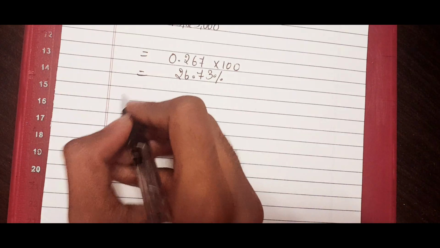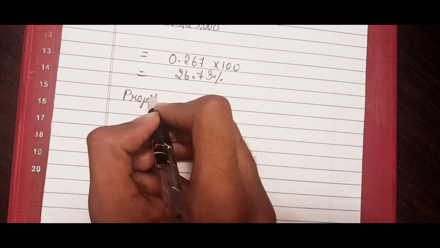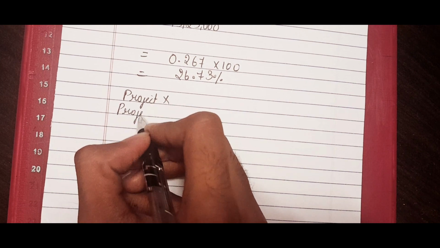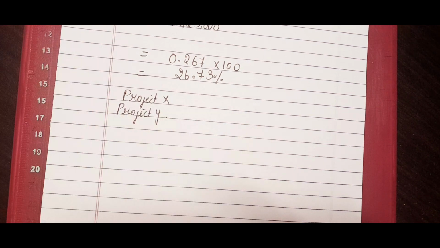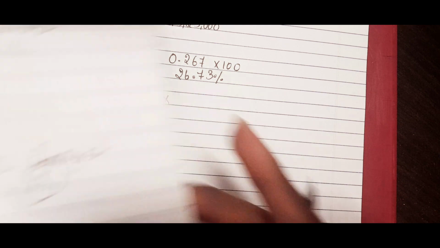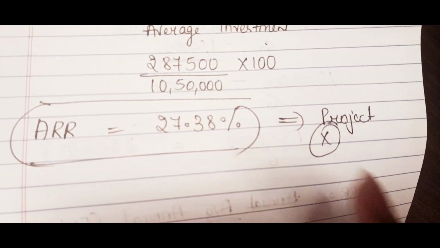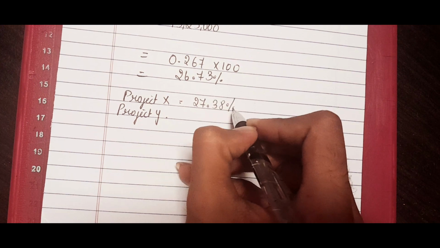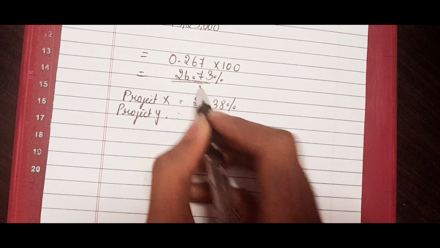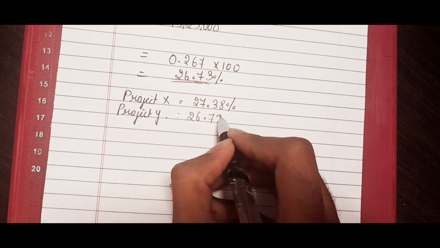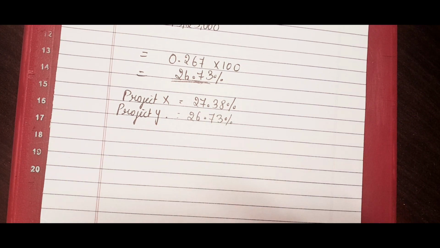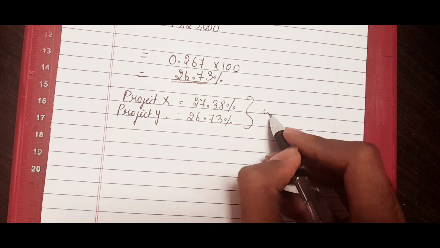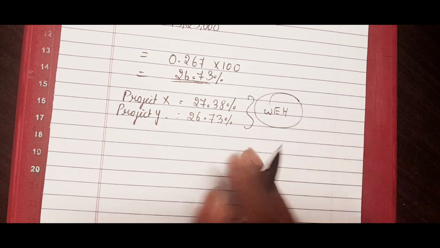Now listen here, we have project X and project Y. When we check the project X ARR, accounting rate of return for project X, it was 27.38%. For project Y, here we have found out 26.73%. Now whichever is higher will be advisable.